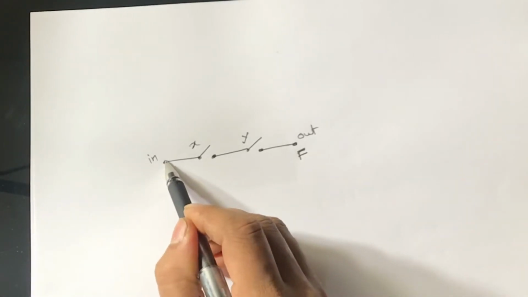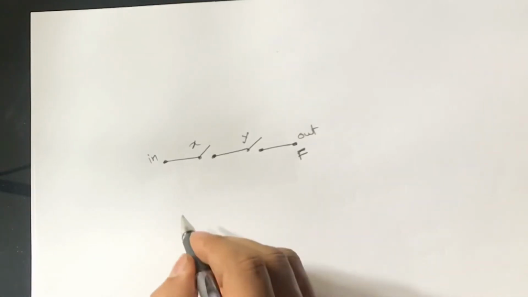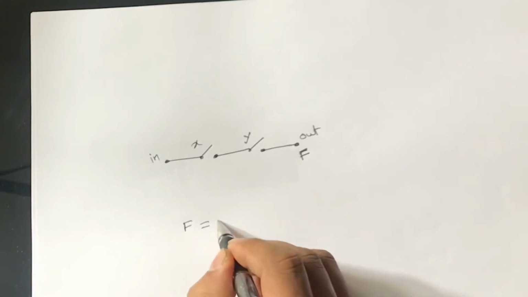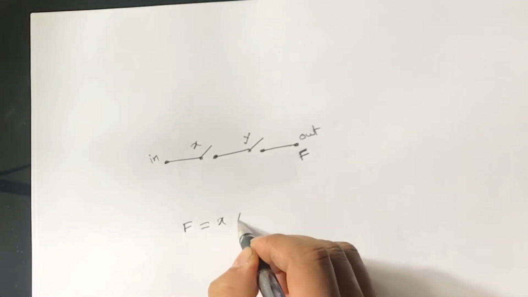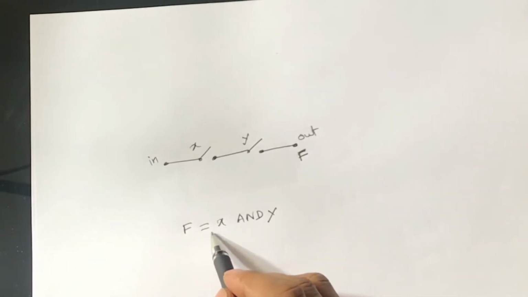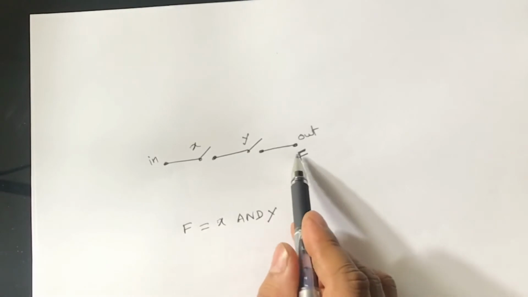Otherwise, the input will not pass to the output. So in that case, we can write F equal to X and Y. That means both switches need to be connected to get the output.